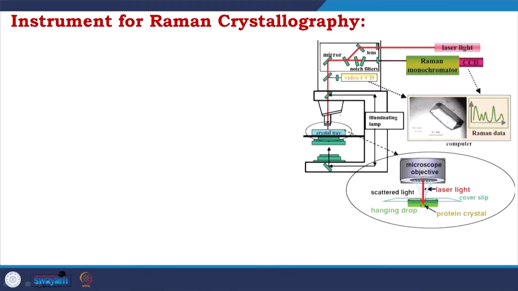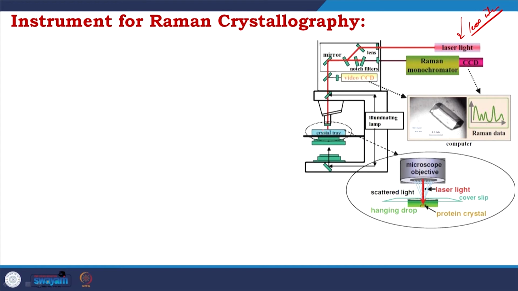So, this is the crystal tray. You put your crystal here and you have the video CCD, you have the Raman monochromator, you have laser light, you could use the laser at low intensity or not use it.